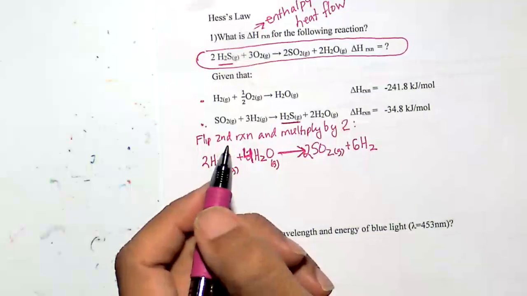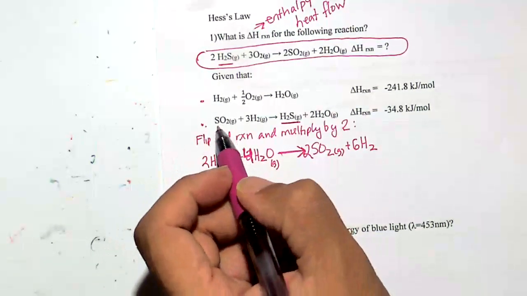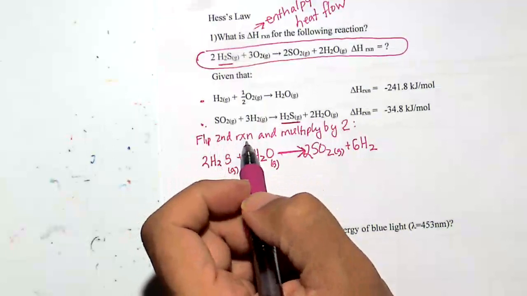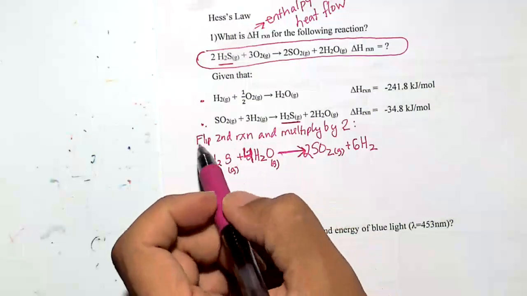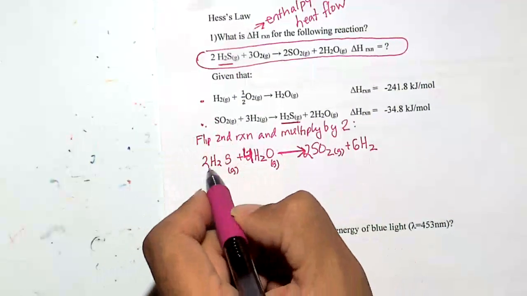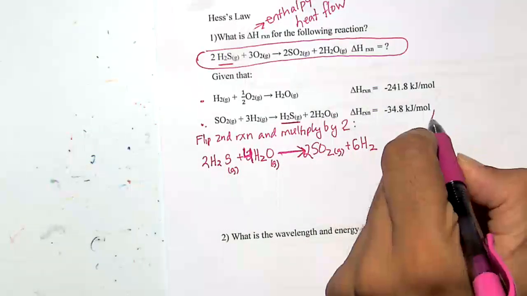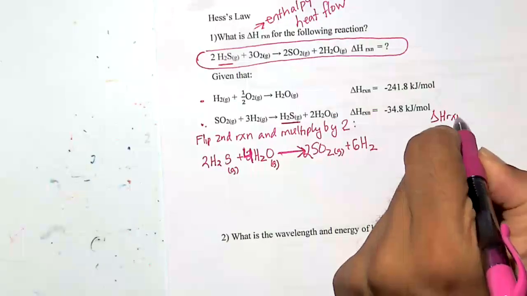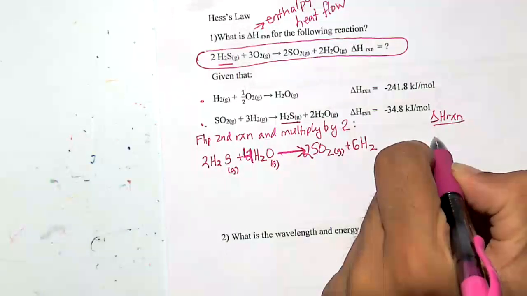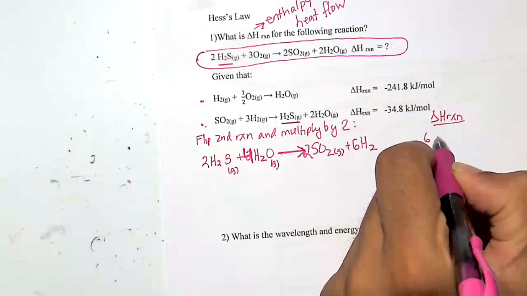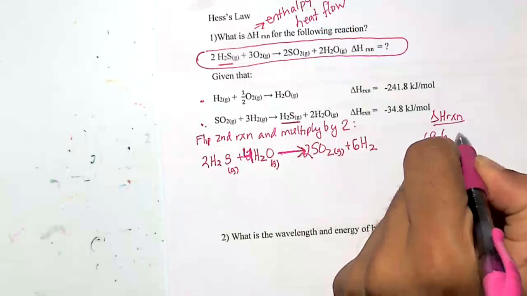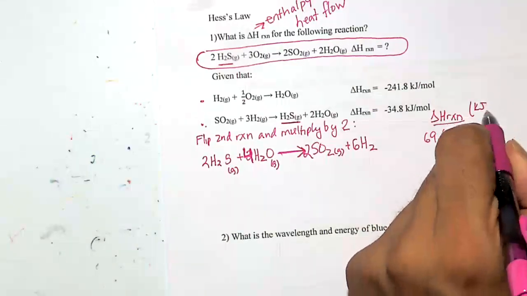Is that right? So flip it, multiply by 2: 2H2S, 4H2O, 2SO2. And the delta H of the reaction is going to be, what would you guys say, 69.6 kilojoules per mole.